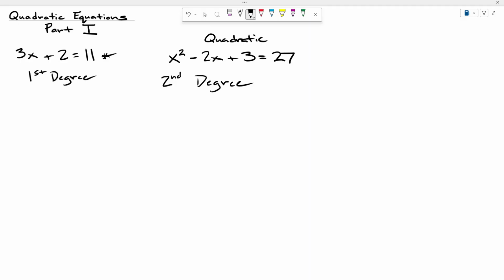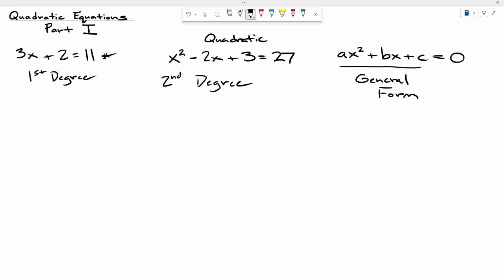And the general form for a quadratic equation looks like ax squared plus bx plus c equals 0. So let's remember that going forward. So this is the general form for a quadratic equation.